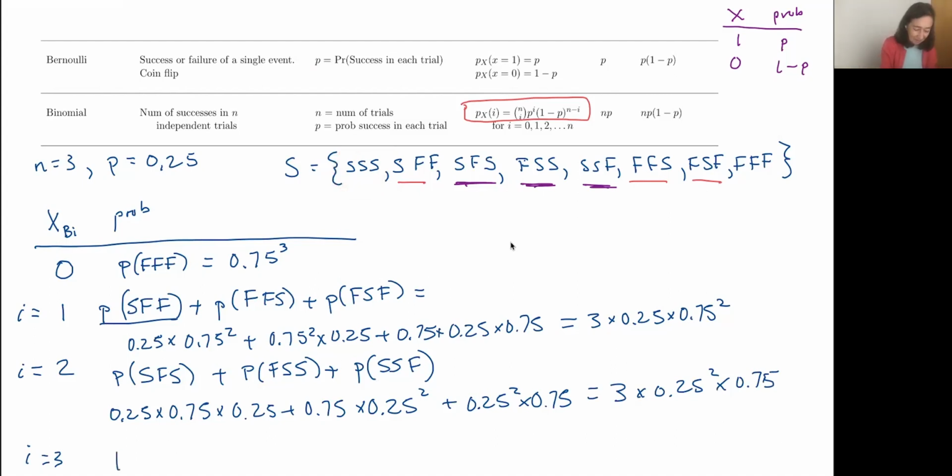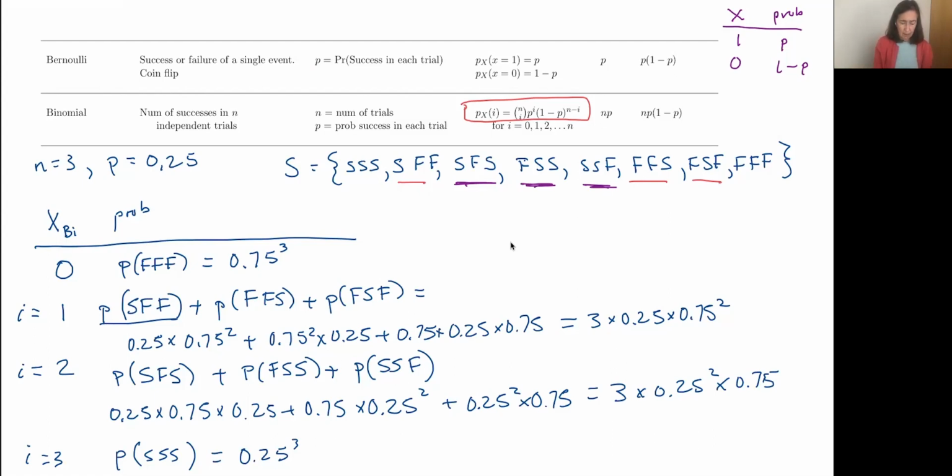So that is the probability of 3 successes in a row, and that is 0.25 to the 3rd power. Okay. So what we did here is we just derived the whole PMF for the binomial random variable. Okay, all right.